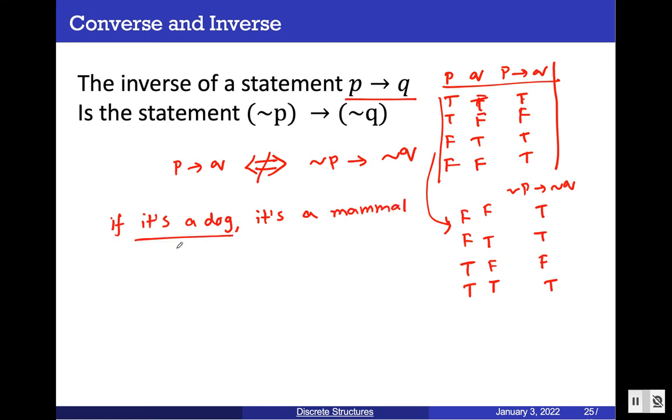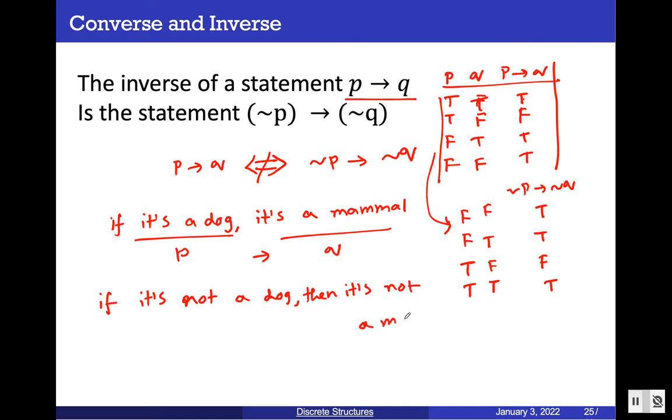So that's P and that's Q. Now let's write not P implies not Q. If it's not a dog, then it's not a mammal. It's not P and it's not Q.